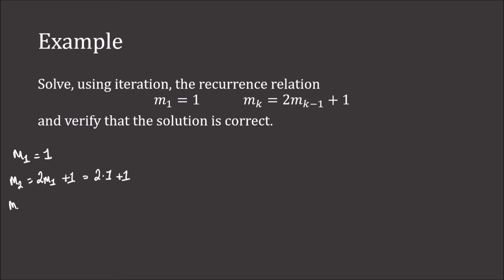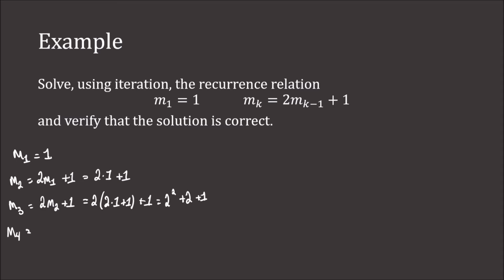M sub 3 is 2 times m sub 2 plus 1. So this will be 2 times (2 times 1 plus 1), and then plus 1. So what we see is that now we get 2 squared plus 2 plus 1.